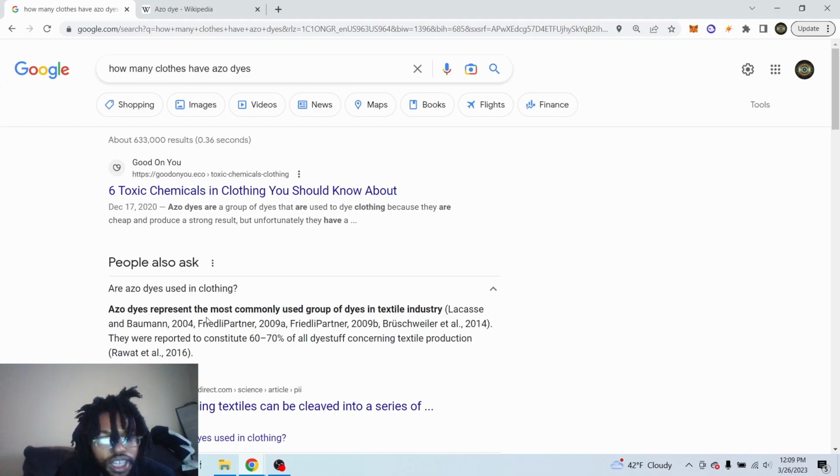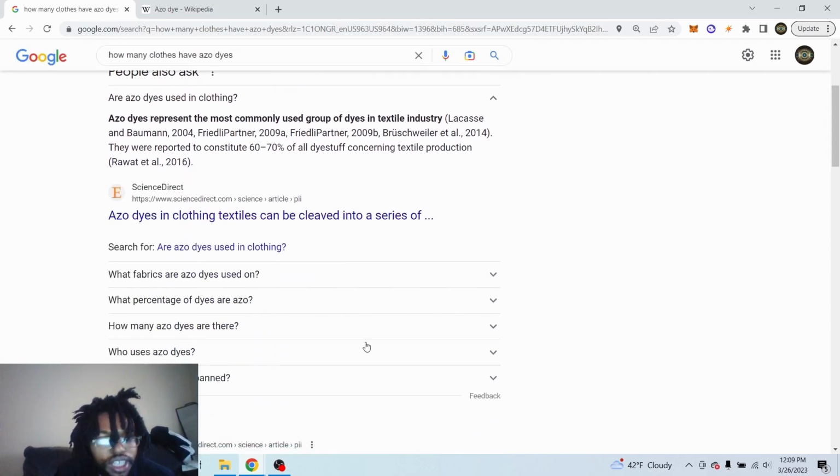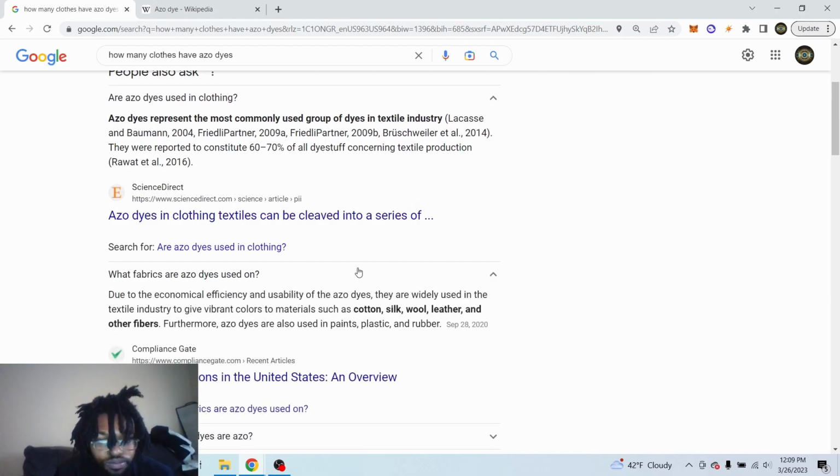Hold up, what's this? Azo dyes represent the most commonly used group of dyes in the textile industry. And way down here, they were reported to constitute 60 to 70% of all dye stuff concerning textile production. That was in 2016. That's a lot. 60 to 70%.